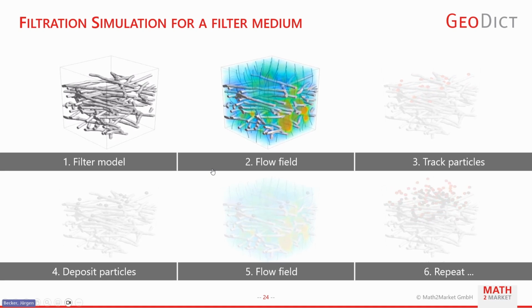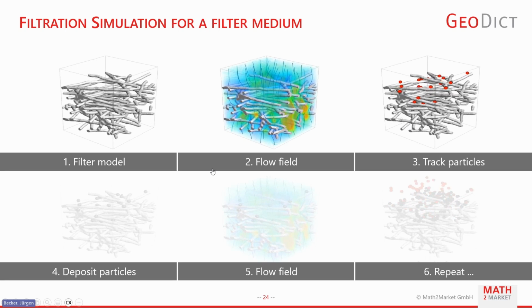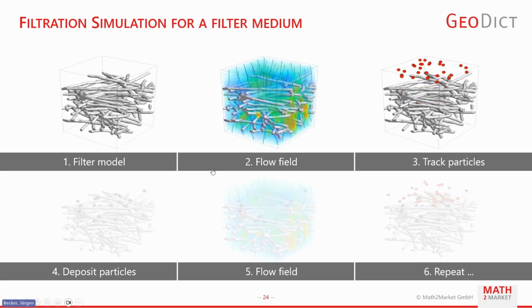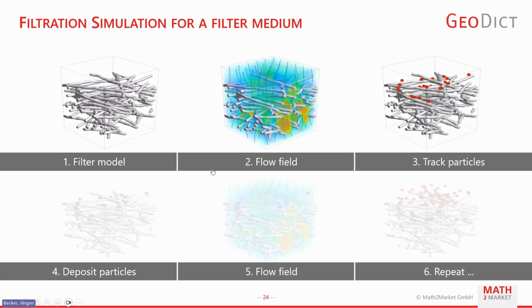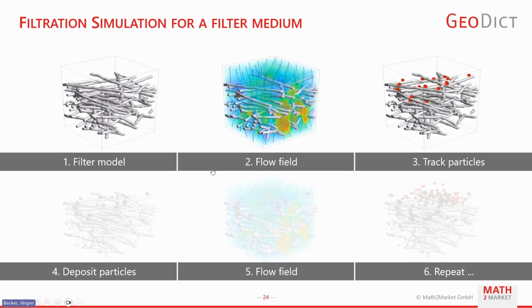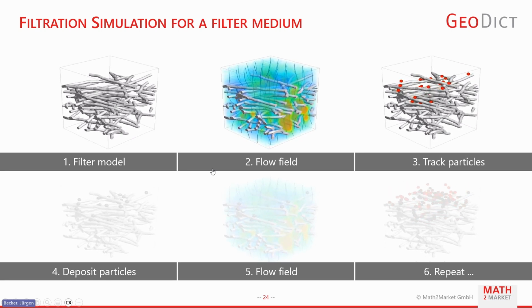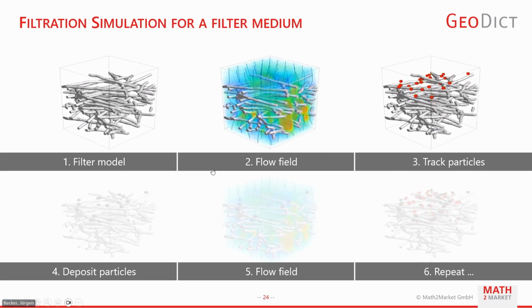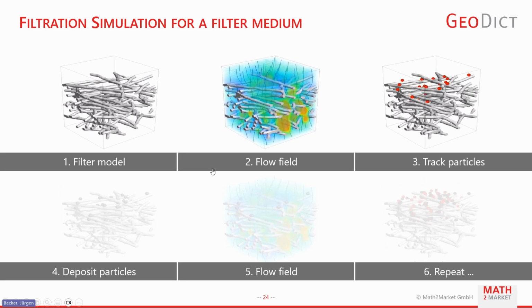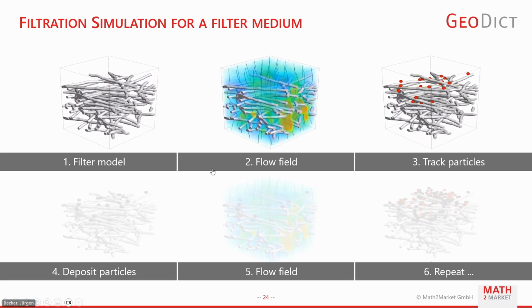But now, additionally, GeoDict will track the movement of particles through the filter media. Some of the particles will pass the filter and some not, and this will give us the initial filtration efficiency. For the initial efficiency, we can already stop here. Additional steps 4 to 6, we only need later when we consider the filter lifetime.